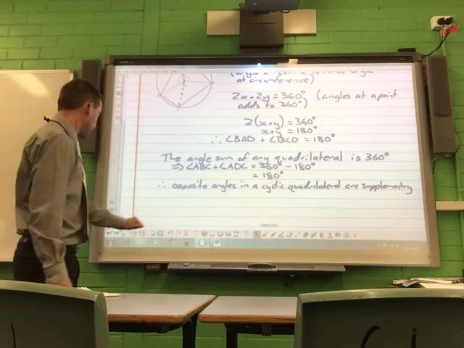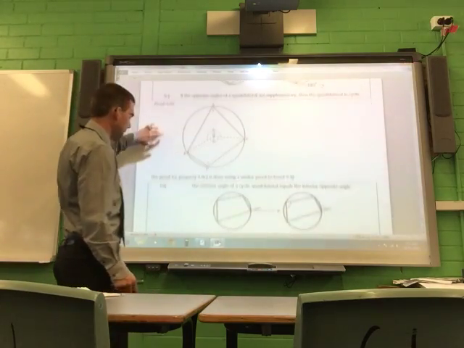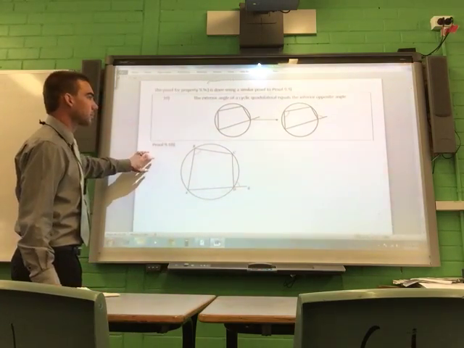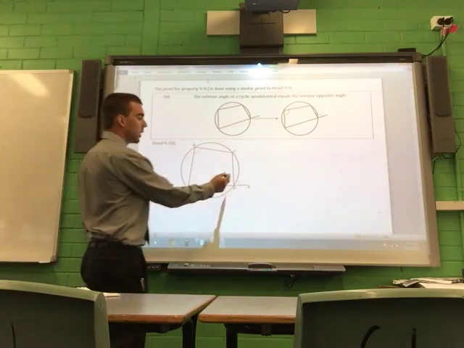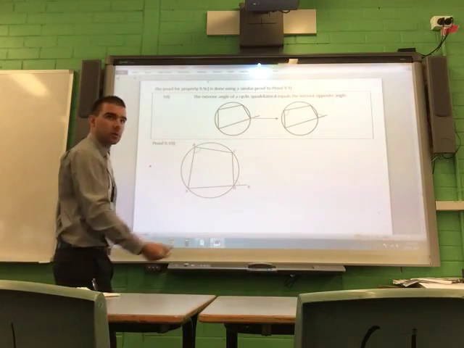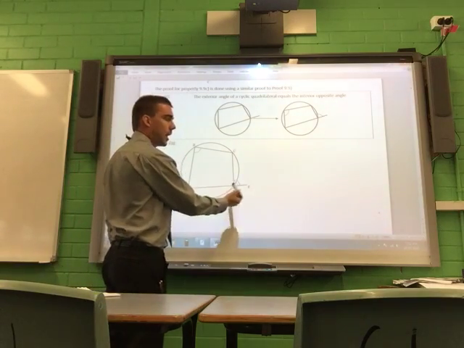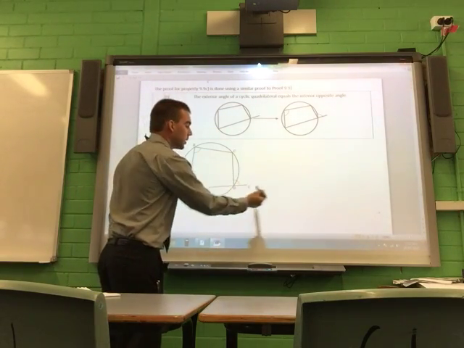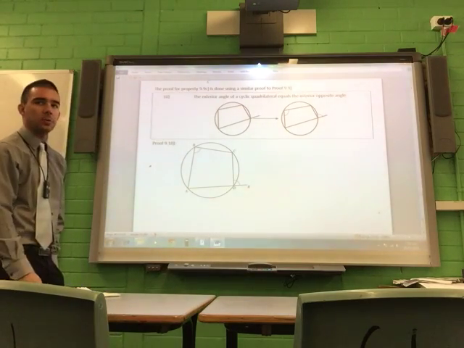Okay, everyone done? Alright, so that's number 9. Number 10. The exterior angle. Okay, so when we refer to an exterior angle, it means we extend a side of your triangle or your quad, whatever polygon you've got. You extend that side, and the angle it forms from the extension back to another side, that's what's called the exterior angle.